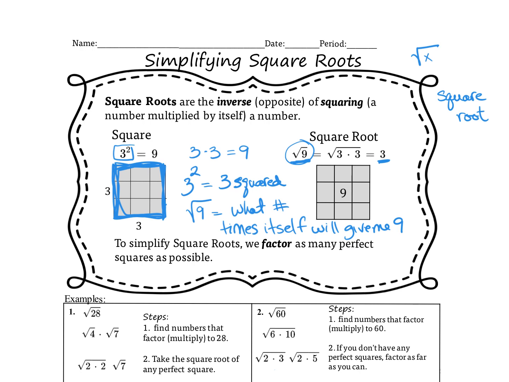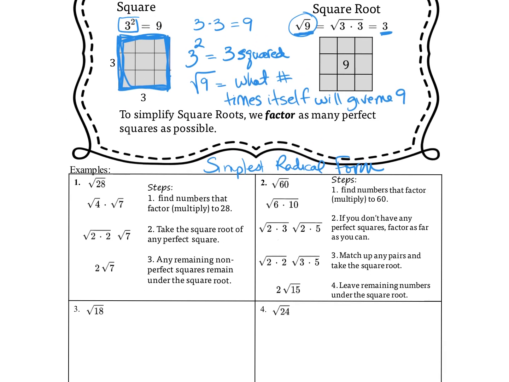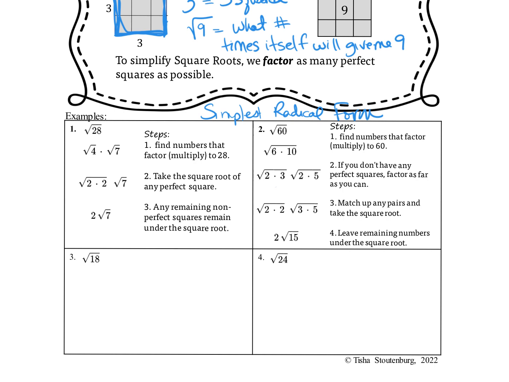So when we are asked to put an answer in what we call simplest radical form, what we want to do is factor out as many perfect squares as we possibly can.